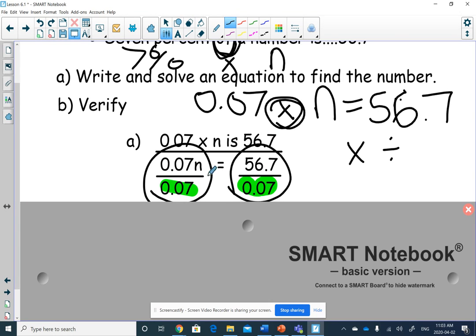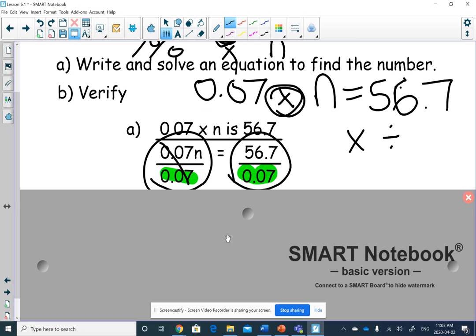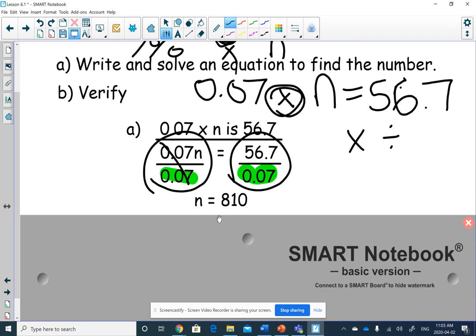So whatever I do on the left side, I have to do on the right side as well to keep it balanced. So 0.07 divided by 0.07 gives us 1. We're left with 1n, or just n. And 56.7 divided by 0.07 is 810. So the number that we took 7% of was 810.